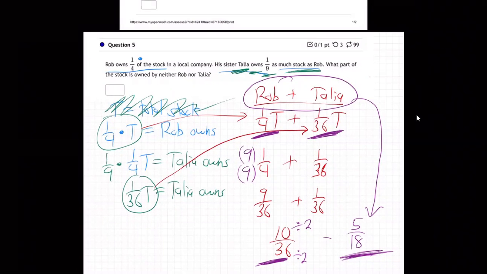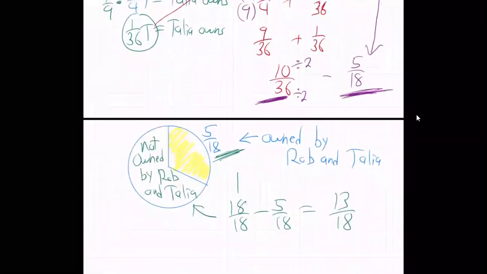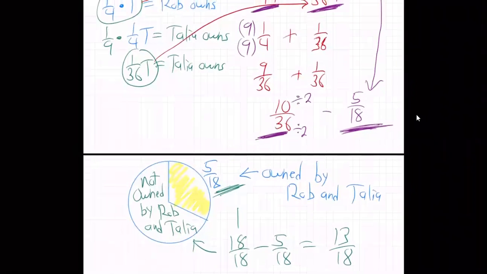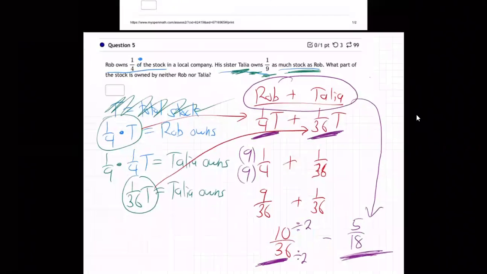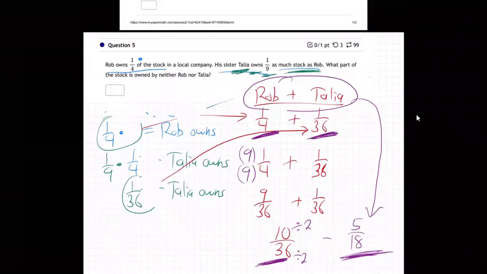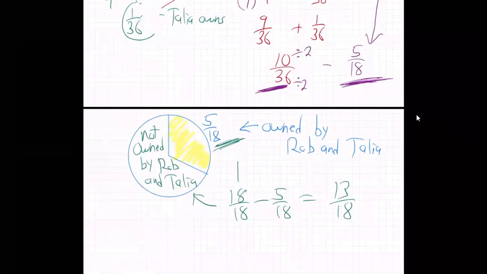Just add those up. And in the end, we got 10/36 right here. So here, let me finish erasing. My pencil was dying for a second there. Here we go. So yeah, all these T's are just not even needed at all. It's just a fraction problem. That's all it is. All right, no more T's. I think I got rid of them all.